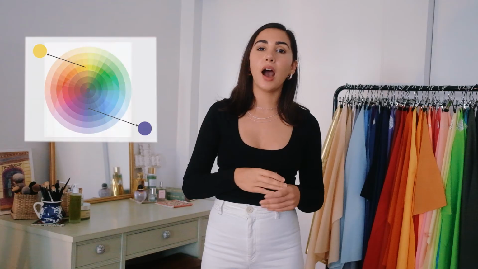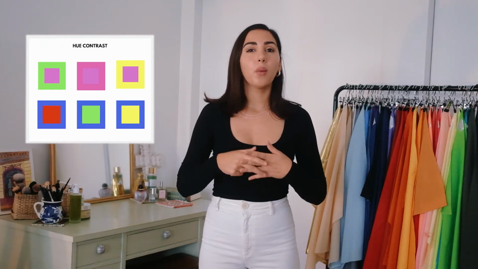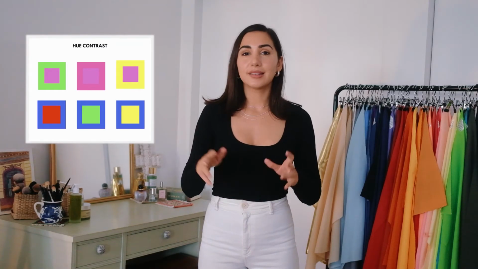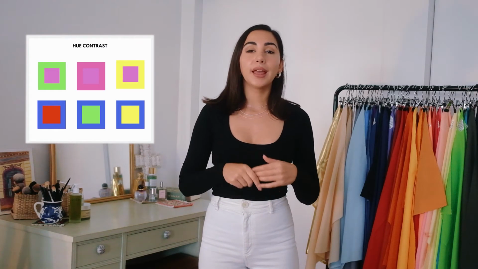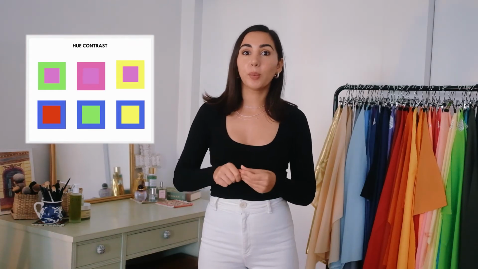Another way you can point out contrast is by seeing how far apart two colors are on the color wheel. Two hues which sit on opposite sides of the color wheel will have very high contrast, such as yellow and purple. Yellow has light value and purple has dark value. Therefore, these two colors are highly contrasting.